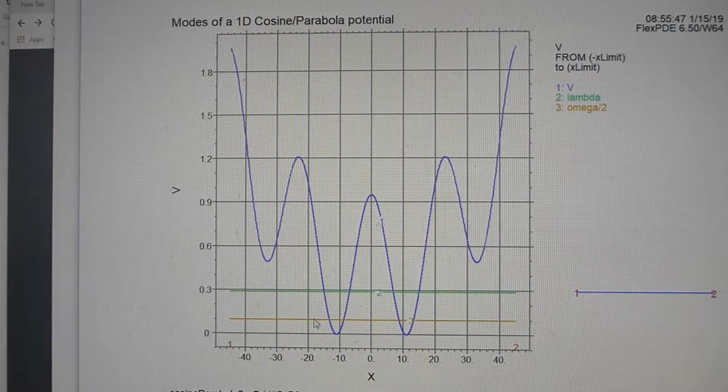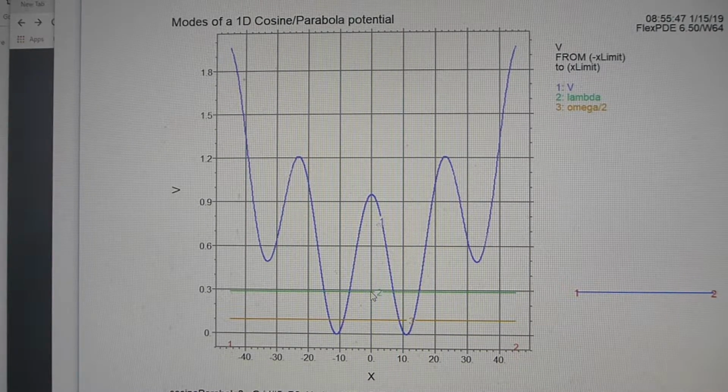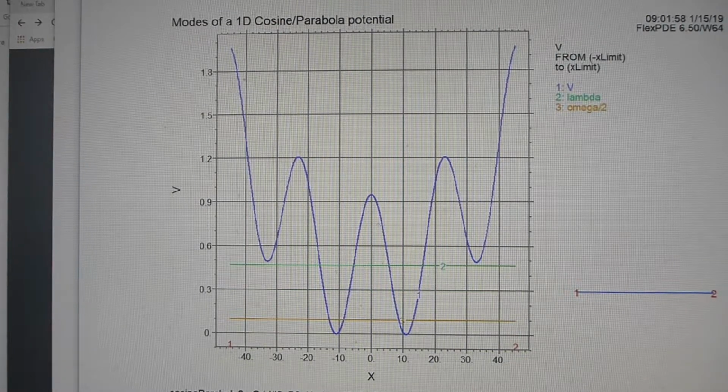You notice that the omega over 2 is at 0.1, and the green line is at 0.3. It's 3/2 omega. The next one I'll show is the case for 5/2 omega, where the energy is 5/2 omega.